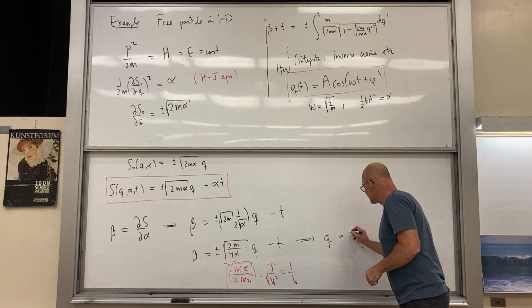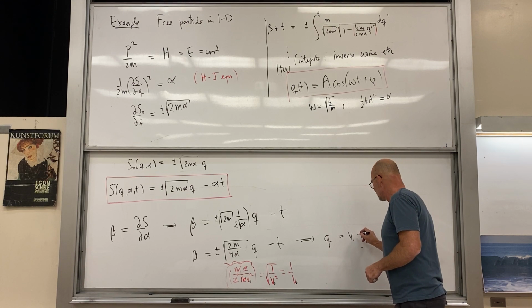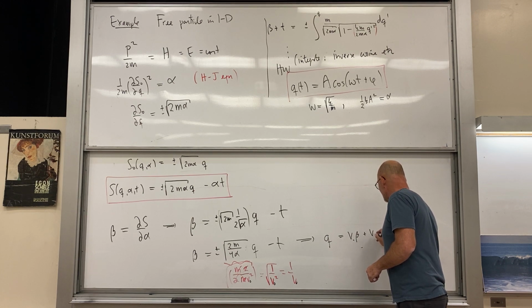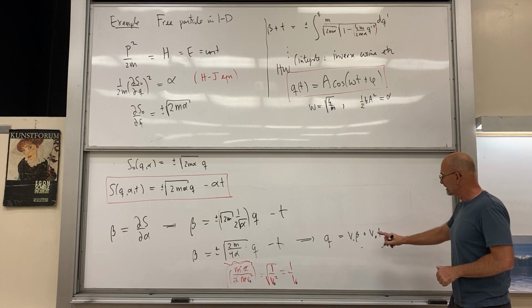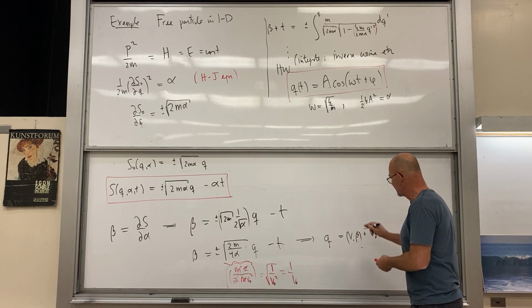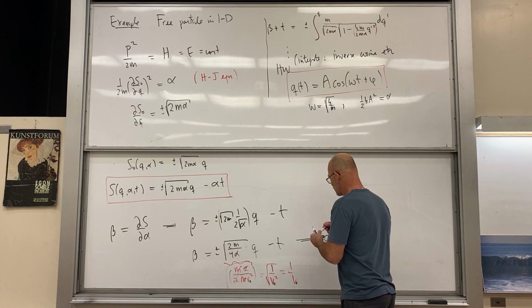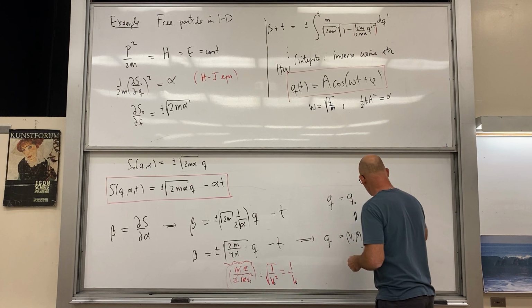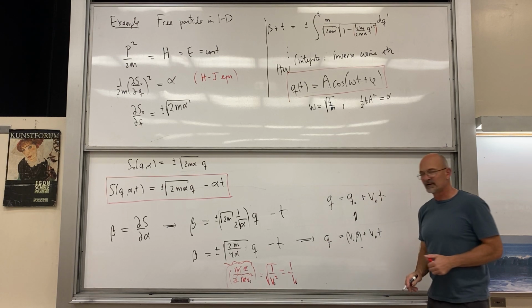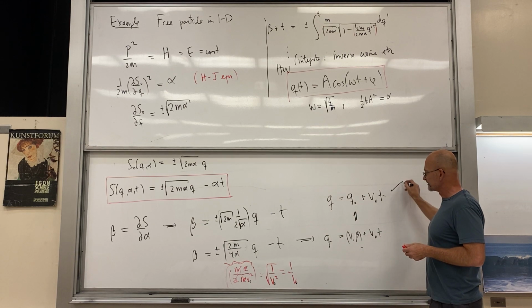So q is equal to v naught beta plus v naught t. v naught and beta are both constants, so we end up with q equals q0 plus v0 t. That's the equation of a free particle, a straight line.